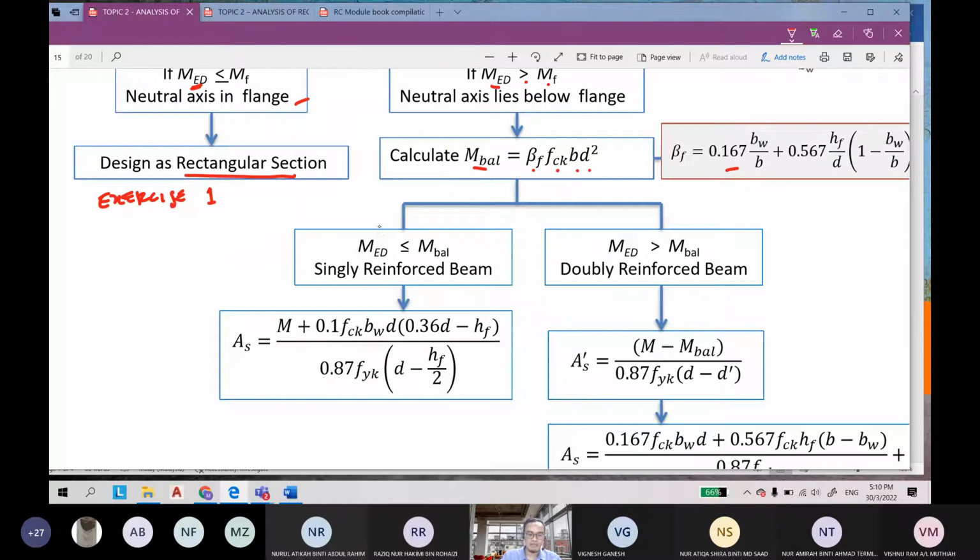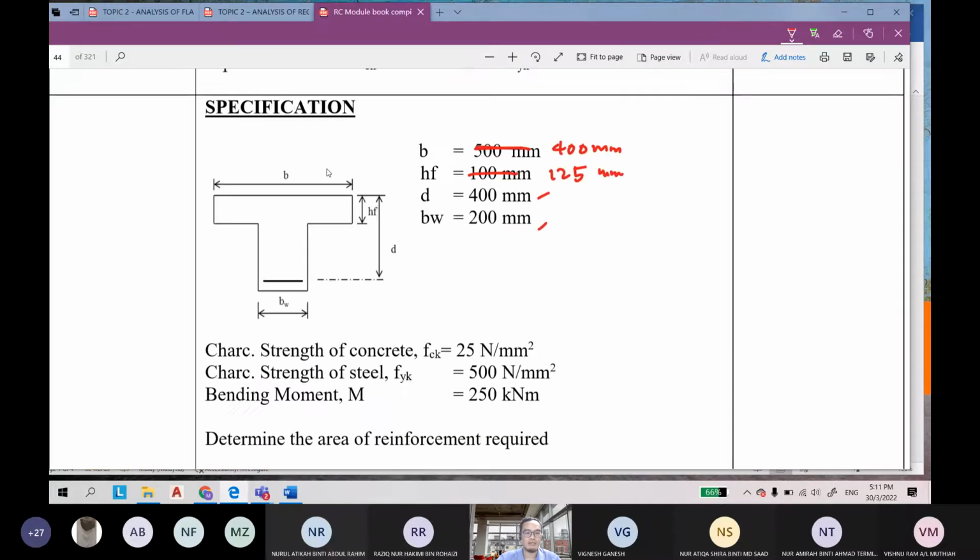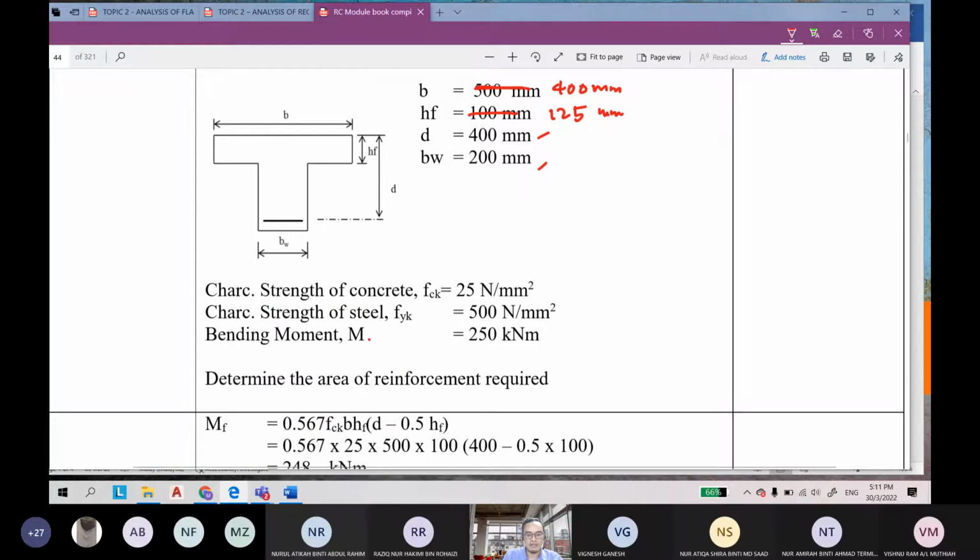If the design moment is less than or equal to M balance, we design as singly reinforced, where AS can be determined using this equation. In our case, the design moment is the bending moment MED, equal to 250 kilonewton meter.